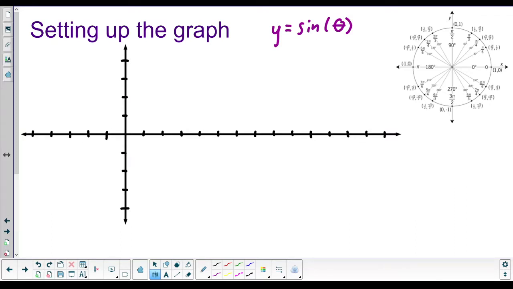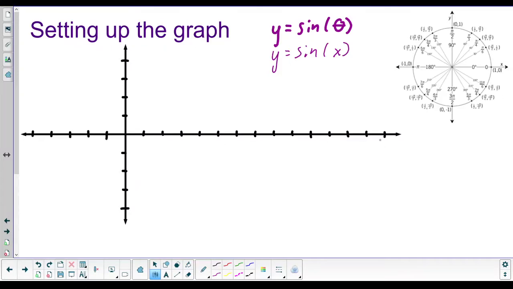Theta is what you're used to going in sine, but we need to realize what we're doing with theta. Theta is inside of sine. It is the input value. So we're going to pretend that y equals sine of x.